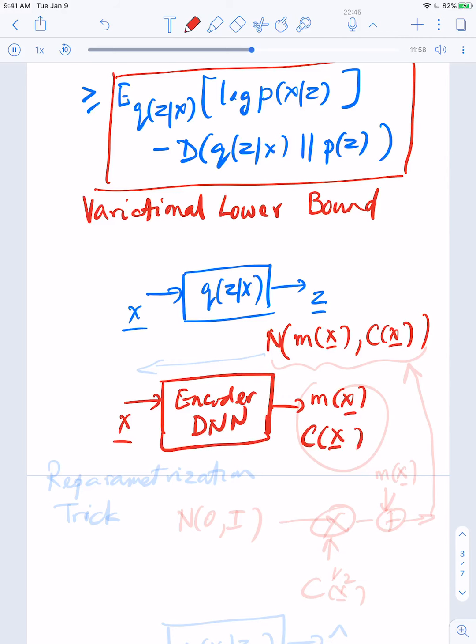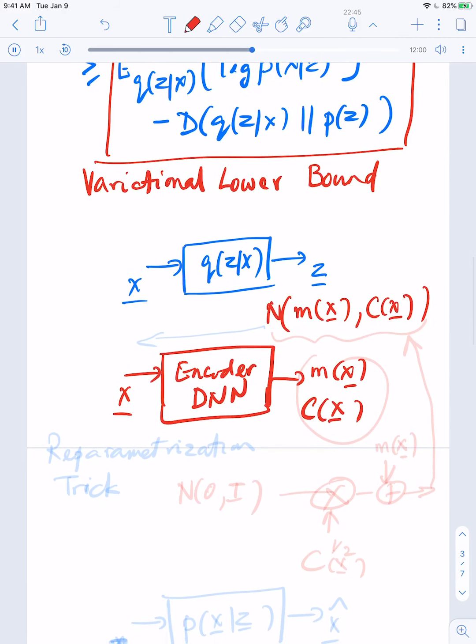Because if you give me M of X and C of X, which are basically just a vector and a matrix, I can create a Gaussian random vector with mean M and covariance C by generating IID Gaussian random variables.